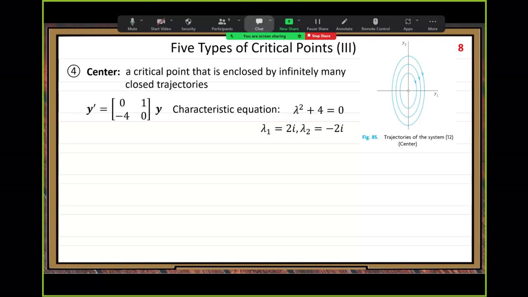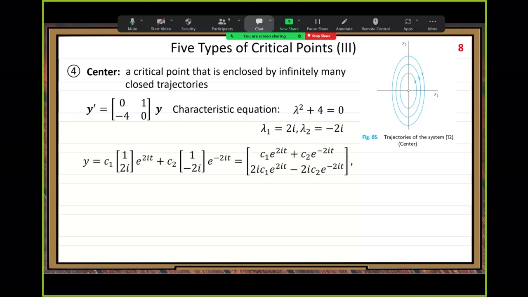This time we need to write the general solution in complex form, because it is not easy to write in real form. We like to write real form, but with the complex roots here it is not easy. But let's write y1 and y2.